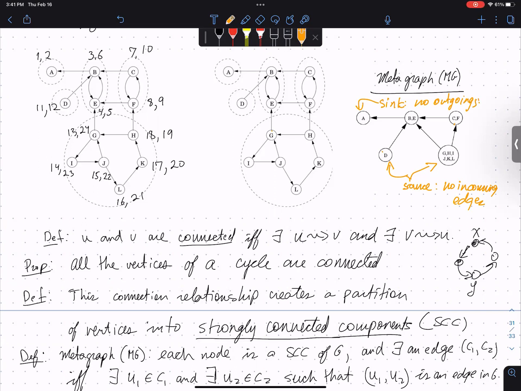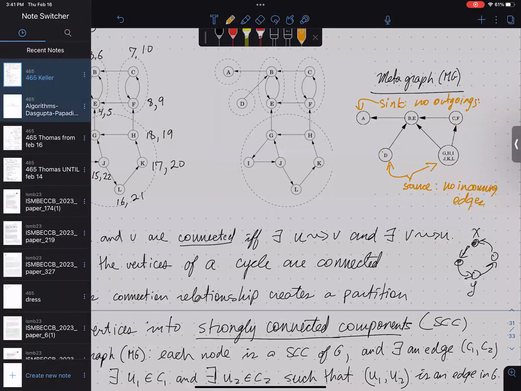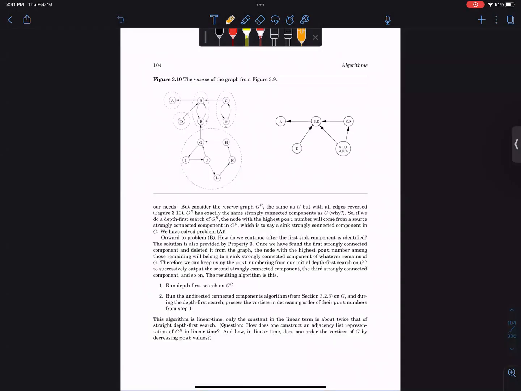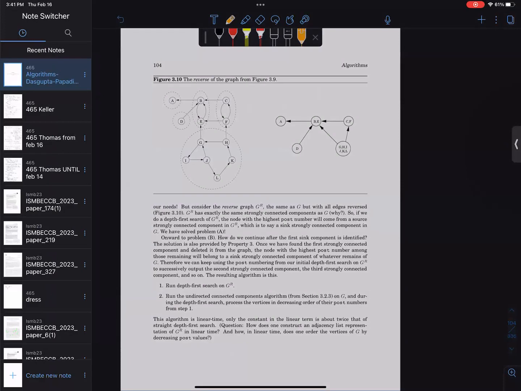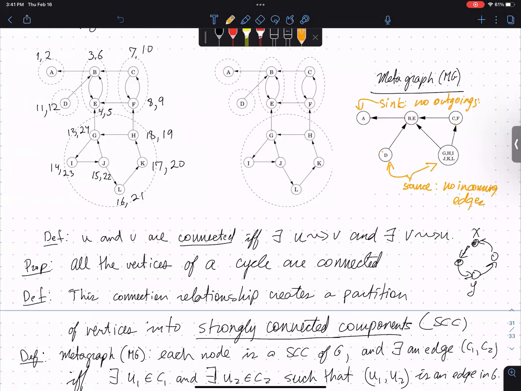What if I run explore from one of the vertices?